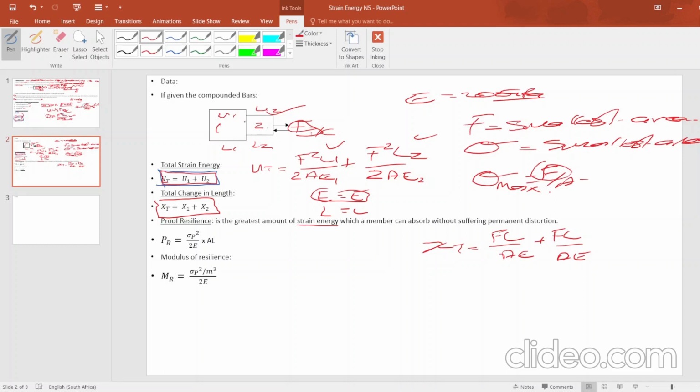Why? Because the deformation or energy has to be within Hooke's law, so that when you remove the force, the material goes back to its shape and size, meaning the energy has to be released.